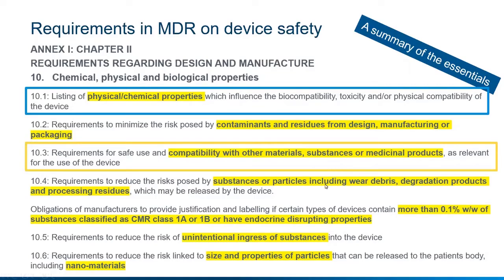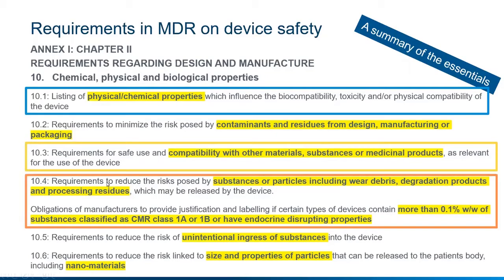In section 10.4, there is an updated requirement compared to the MDD. Because in this section, there are requirements to reduce the risks caused by substances or particles, including wear debris, degradation products, and processing residues that may be released from the device and into the user.